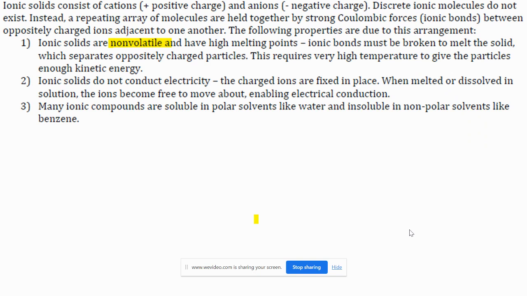Properties of these: they are non-volatile. What is volatility again? Do you remember volatility from our IMF discussion and a few other discussions we've had over the years?